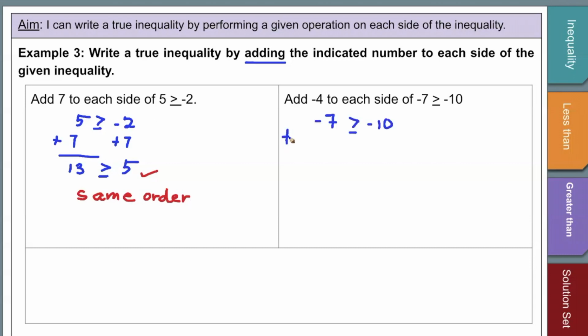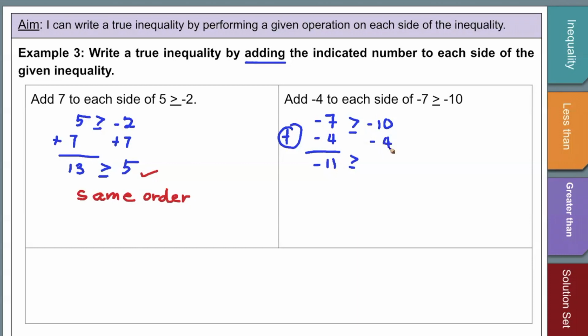Add negative 4 to each side of negative 7 greater than or equal to negative 10. Take note, we are adding a negative number to both sides. This would result in negative 7 plus negative 4, equal to negative 11, greater than or equal to negative 14.